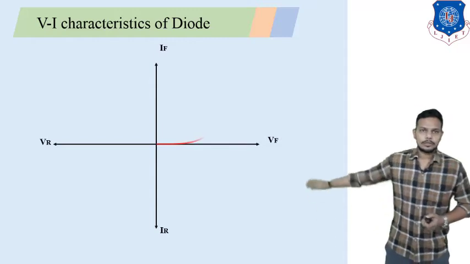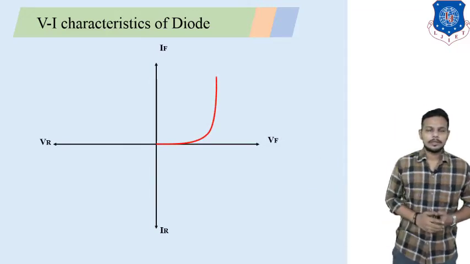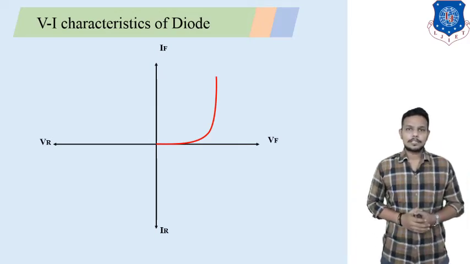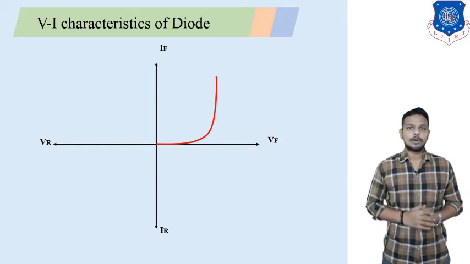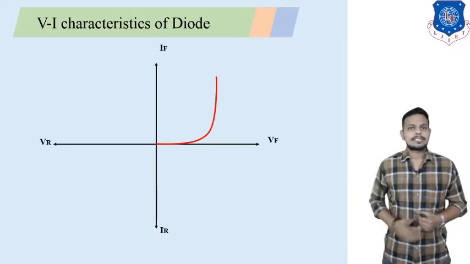So its graph is like this. If we are using germanium material, its cutoff voltage is 0.3 volt. If it is silicon material, then its cutoff voltage will be 0.7 volt.